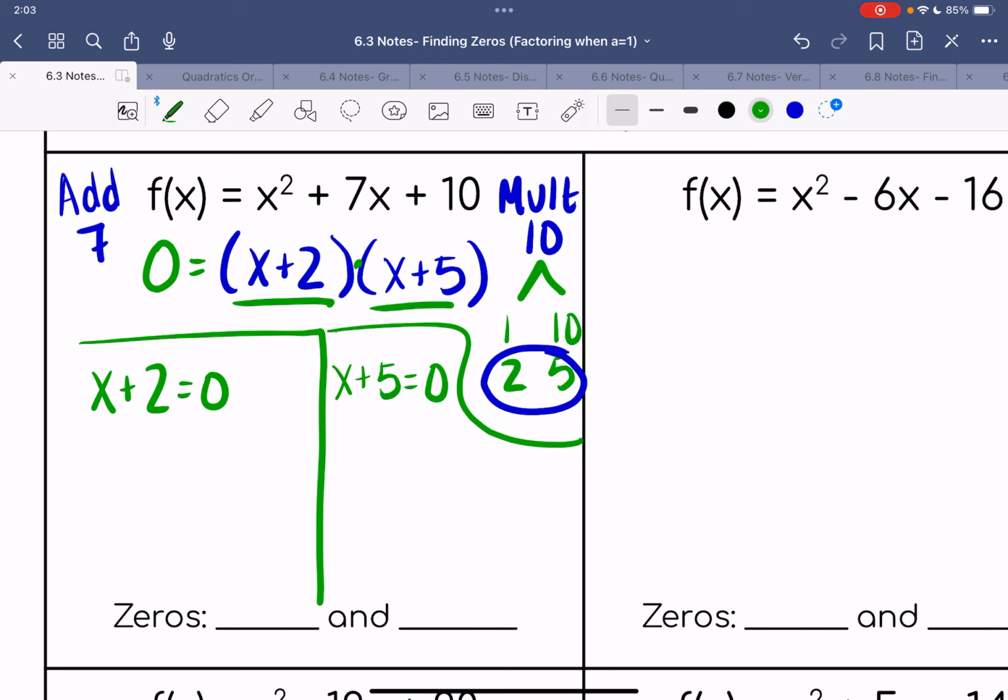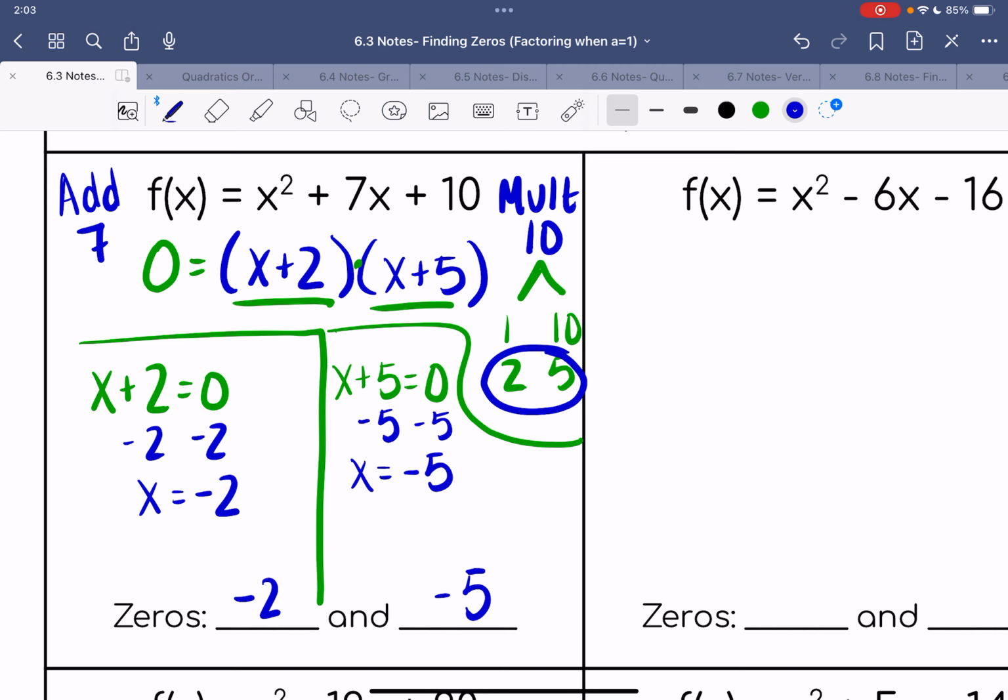On this first one, we'll subtract 2 from both sides. We'll get that x equals -2. On the second one, we will subtract 5 from both sides, and we will get x equals 0 minus 5, which is -5. So that means our zeros for this first problem are -2 and -5. If I were to plug in either of those numbers for x, my entire equation would equal 0.